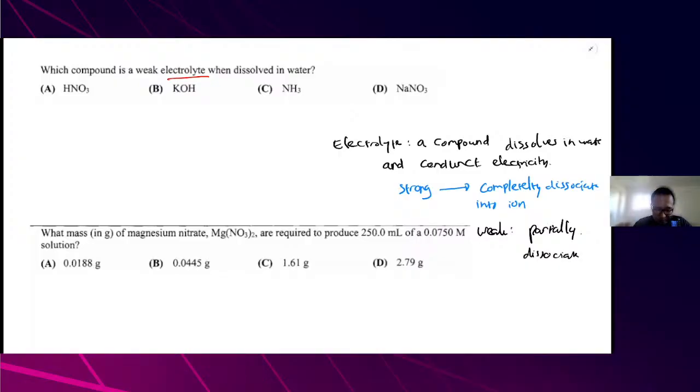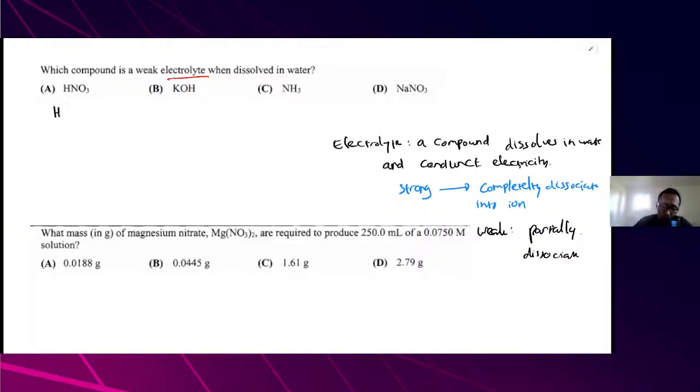Now let's analyze the choices. For the first choice, this one is nitric acid, a strong acid, therefore a strong electrolyte.